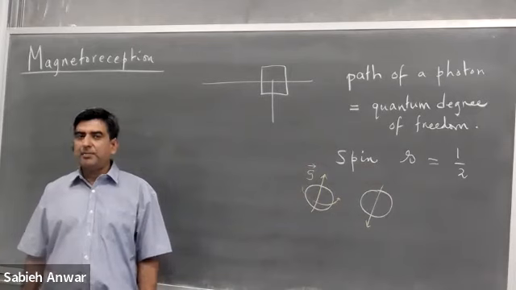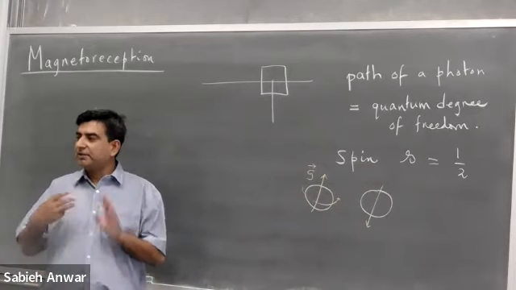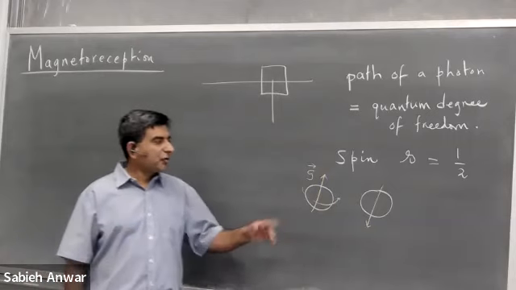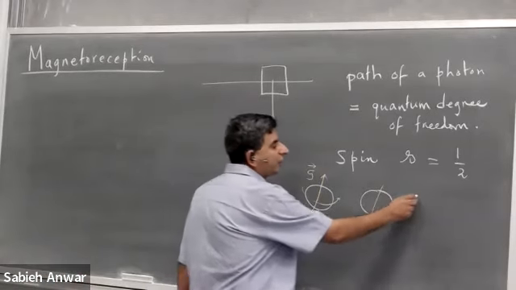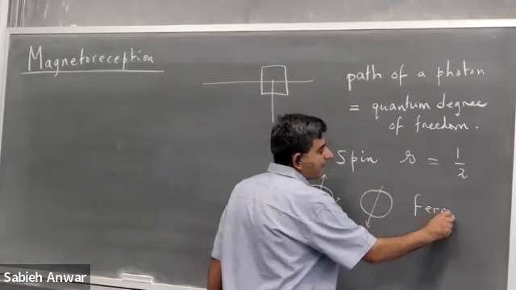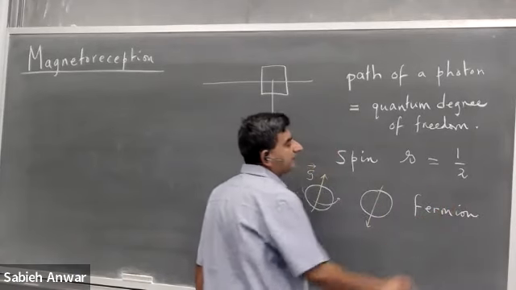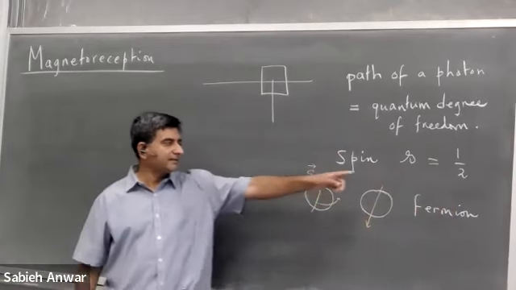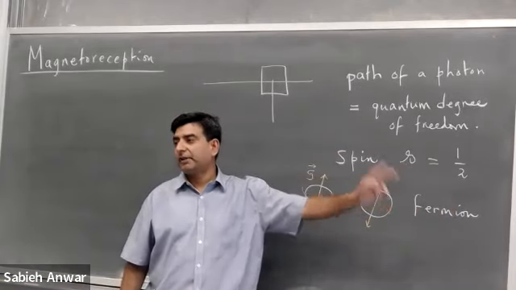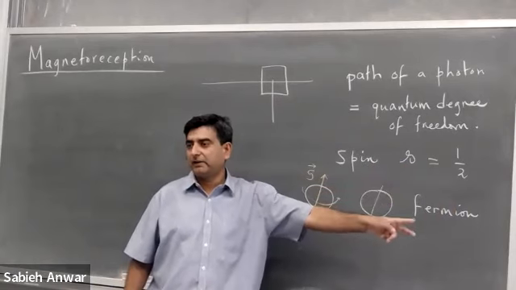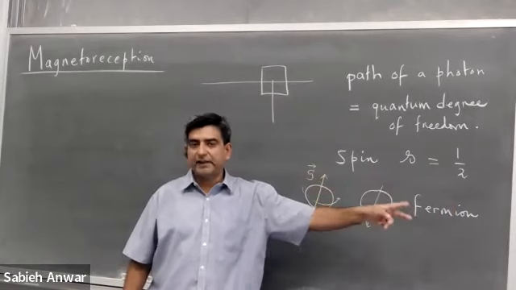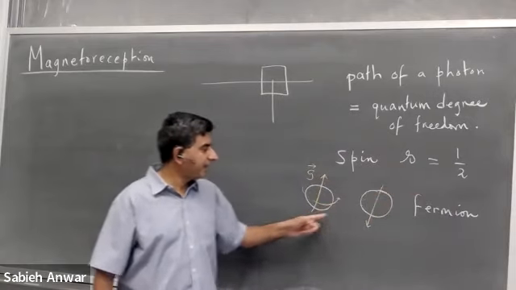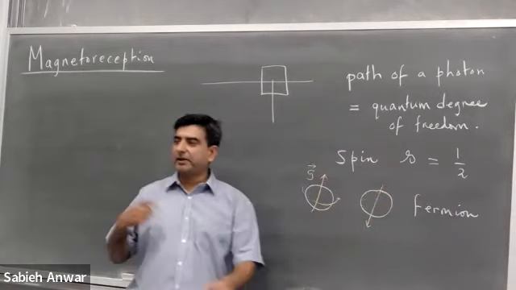A particle that has spin 1 has three possible orientations. In physics, we call the electron a fermion. A fermion is a particle that has a spin which is 1/2, 3/2, 5/2, 7/2, and so on. Since the electron has spin half, it has these two possible orientations of the spin angular momentum.